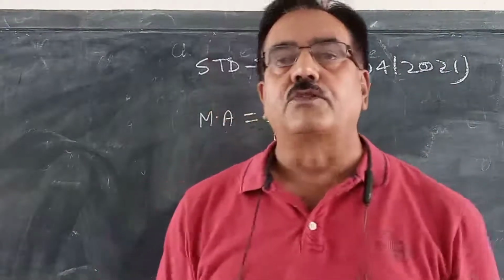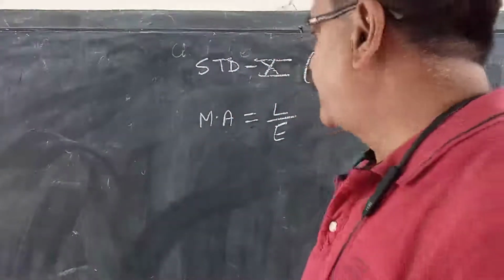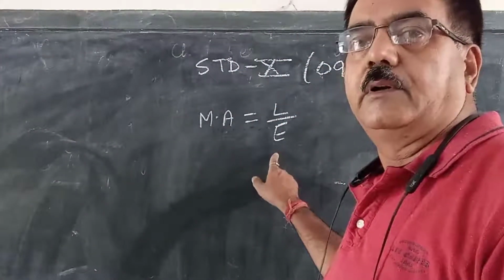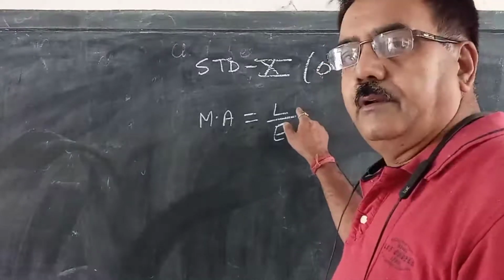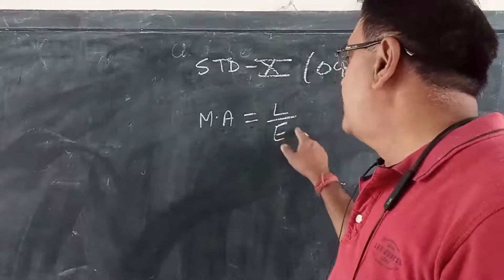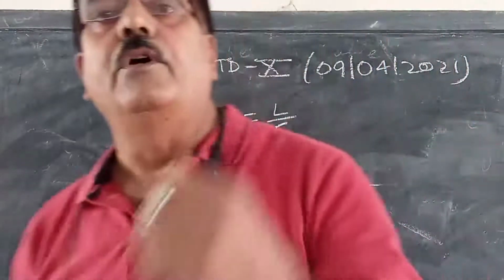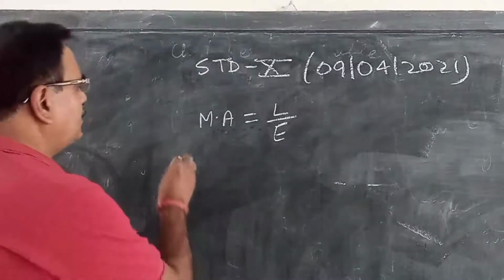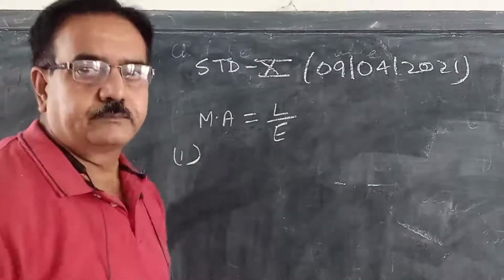This is load. So mechanical advantage, as I explained earlier, is equal to the ratio of load to effort. Load has unit Newton, effort also has unit Newton. So they cancel, which means mechanical advantage has no unit. Is that clear? Now there are three conditions.